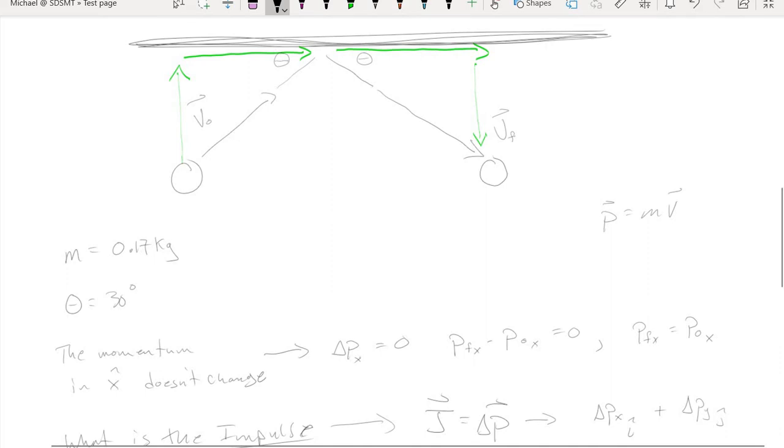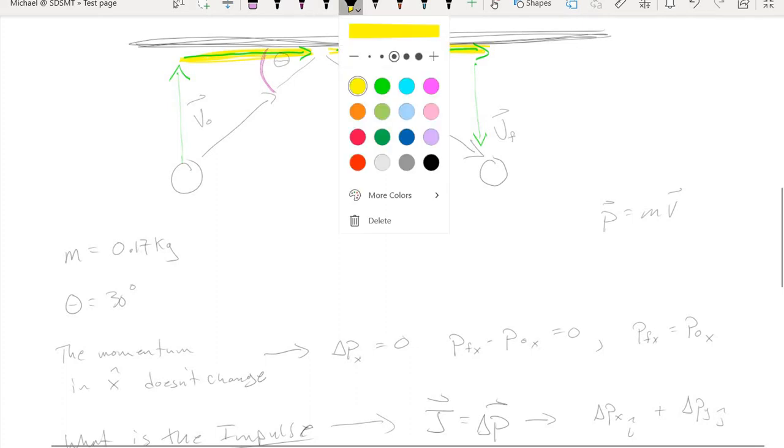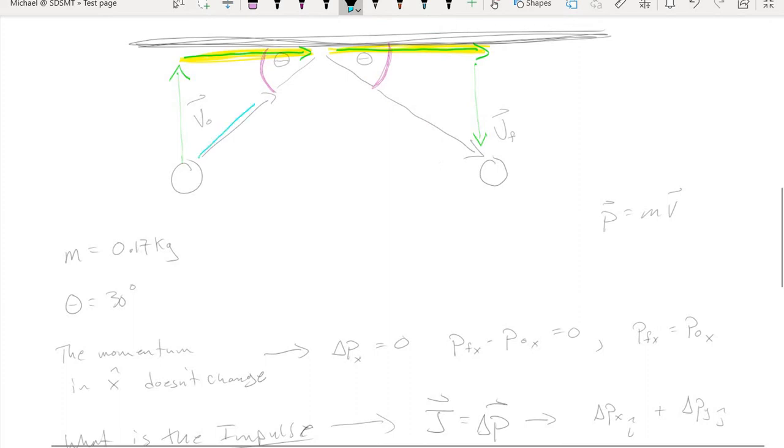All right, so what does that mean for us? It means that with the same mass, these two velocity components have to be equal to each other. We have the same angles for each vector. They're both 30 degrees. And if those two pieces of information are the same, that means that each of these vectors will have to have the same magnitude.